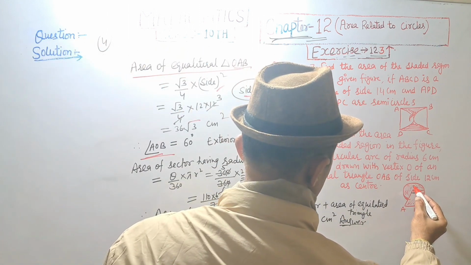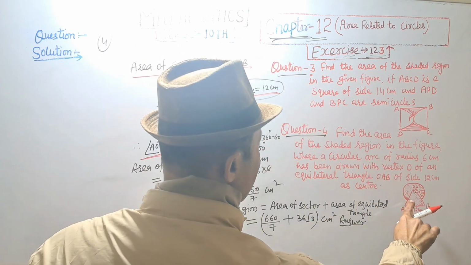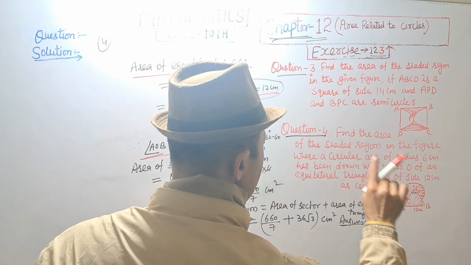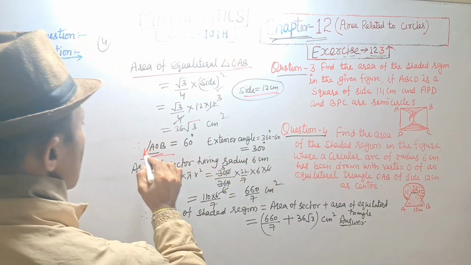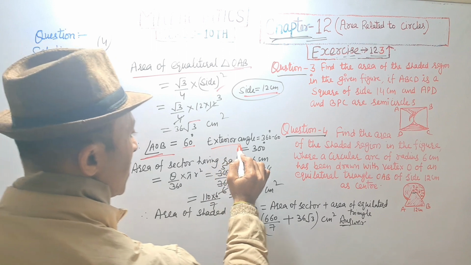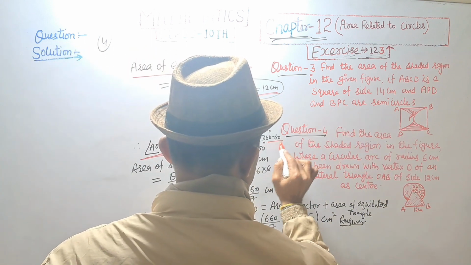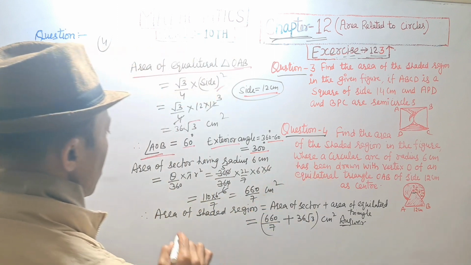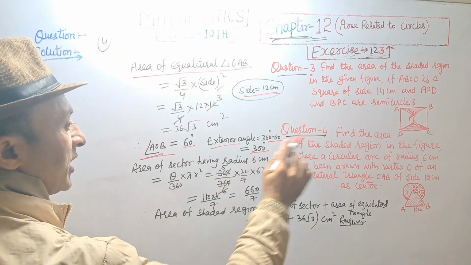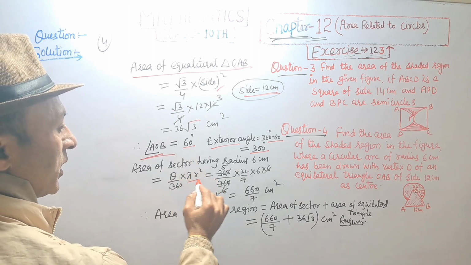In triangle AOB, in equilateral triangle, each angle is equal to 60 degree. So angle AOB is equal to 60 degree and exterior angle is equal to 360 minus 60, that is equal to 300. And area of sector having radius 6 centimeter is equal to theta upon 360 into pi r square.